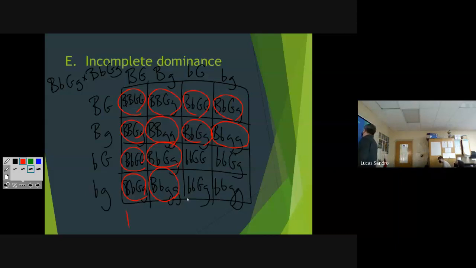So 12 brown-eyed. How many green-eyed? Gotta have 2 little B's and at least 1 big G. Well, that applies to this one, and this one. 3 green-eyed kids. And of course, now we're down to the 1.